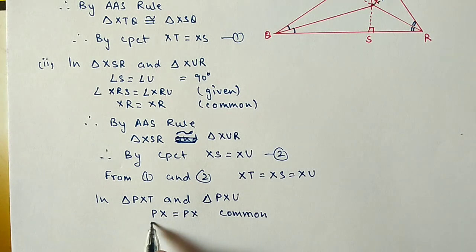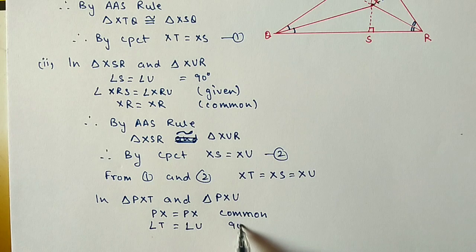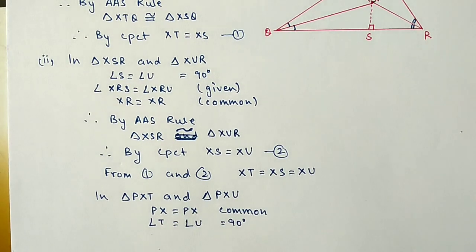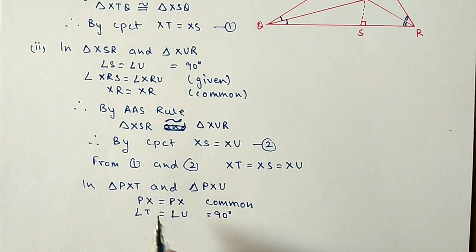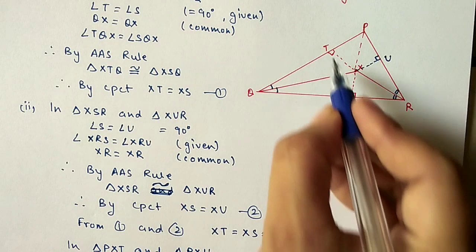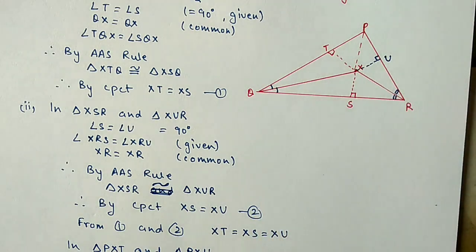Then we can take angle T is equal to angle U, it is 90 degrees. Then third, just now we have proved here XT is equal to XU. These perpendiculars are equal. This perpendicular is equal to this perpendicular.